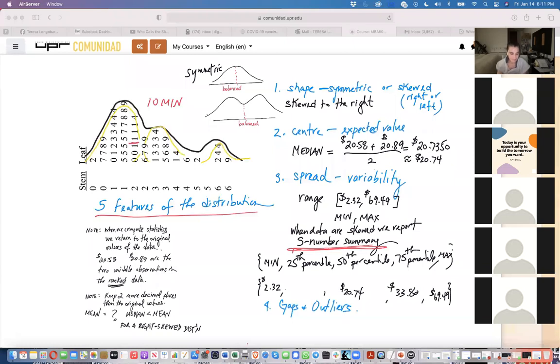I was watching in the original data. In terms of the classes, there's a gap here. You see? No data. Which class is this one? Right, there's no data in 55 to 59. This is a gap.